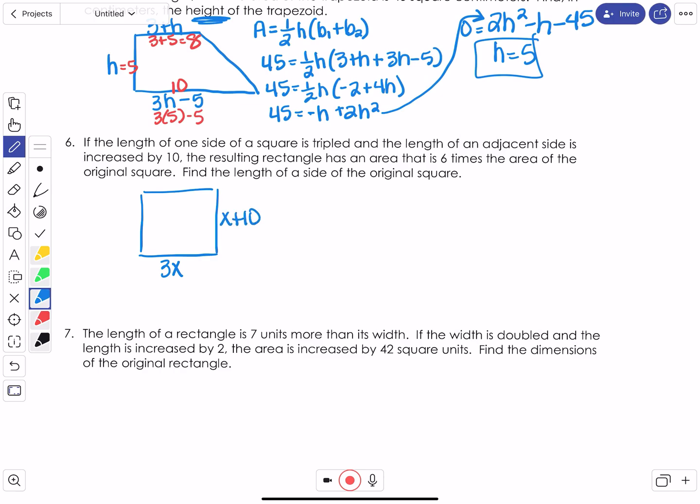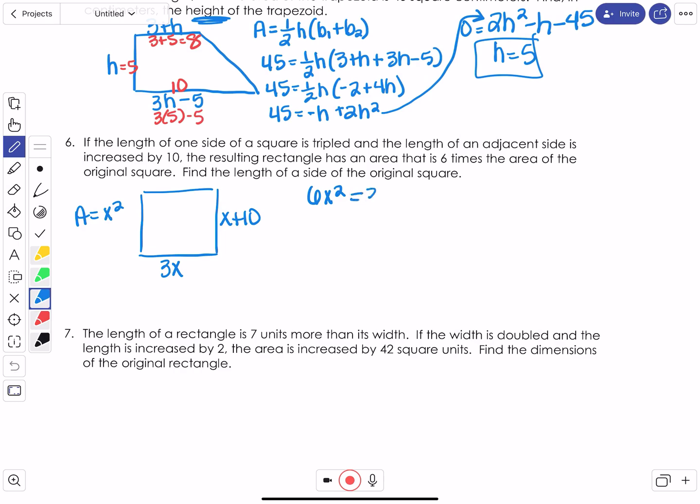So we're obviously not a square anymore. The resulting rectangle has an area that is 6 times the area of the original square. So our original was x times x, so it would be x squared. And so the new one would be 6x squared, because it's 6 times.